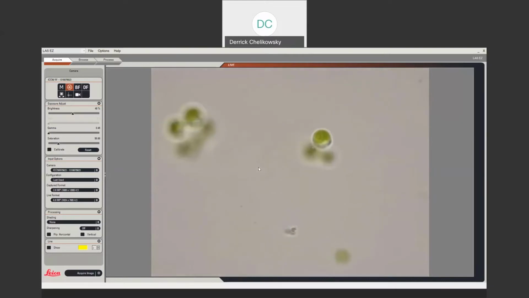As you can see, some of the cells there, we're going to let them settle. There's a dead one. Now, we're going to let these guys settle for a bit. Okay, clearly they're not settling.